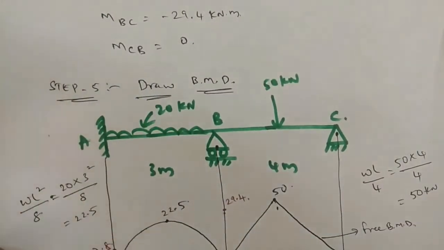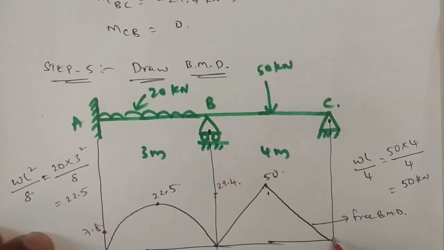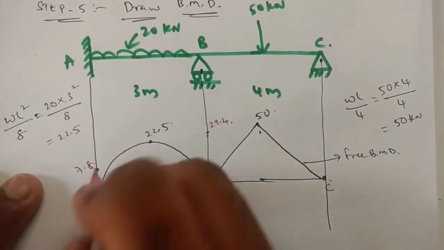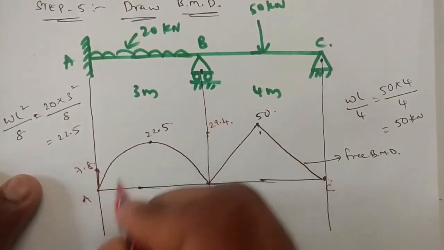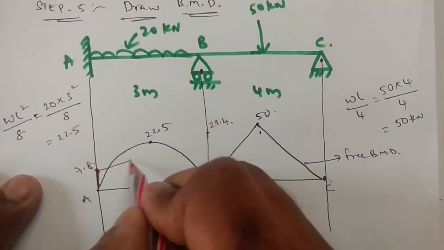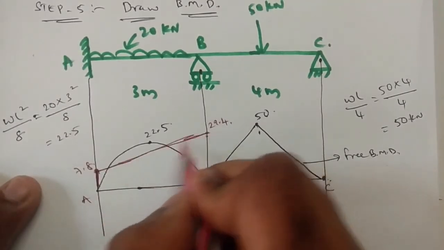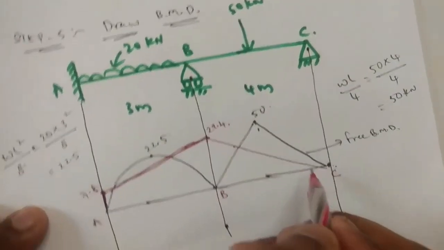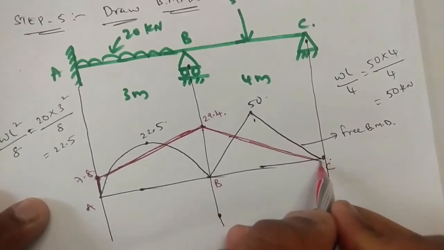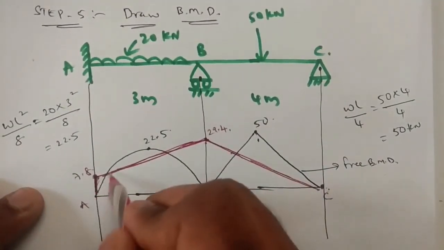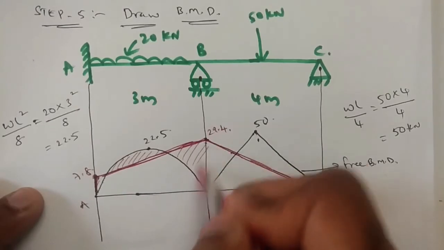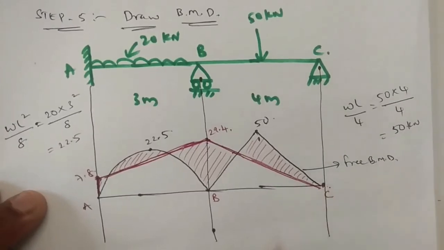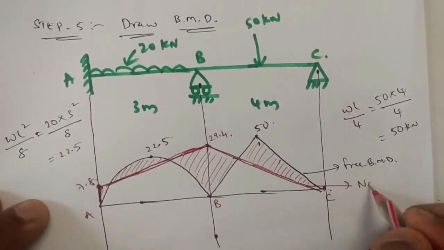Now MCB value 0, at supports A, B, C. So join these three points, from here to here, and again directly to point C. This is our final bending moment diagram. Just highlight this part. This is our net bending moment diagram.